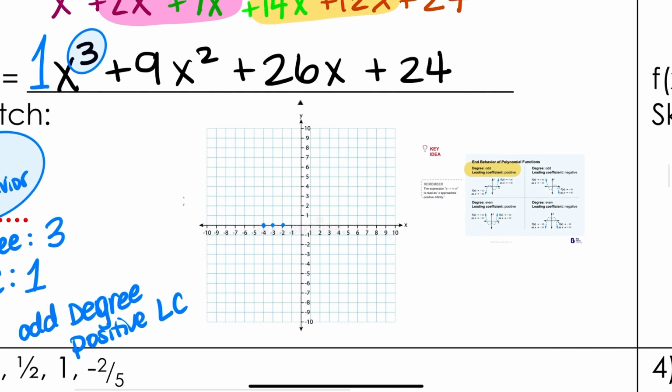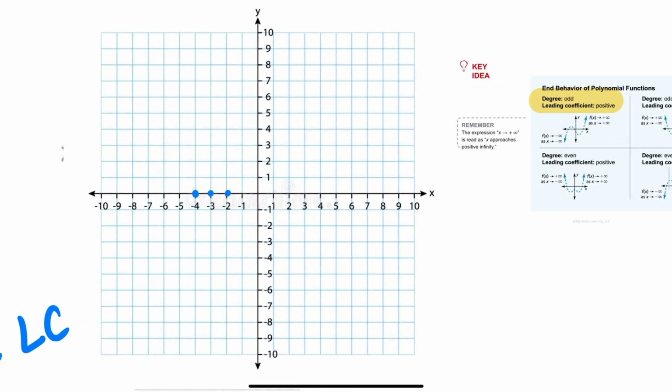Before we do that, one last thing to notice. Our y-intercept is 24. So if we had 24 on the graph here, if we had enough space to plot the y-intercept of 24, you would have to do that. Okay? All right, so drawing the graph, we're going to make sure that on the left side, the graph is pointed downwards.